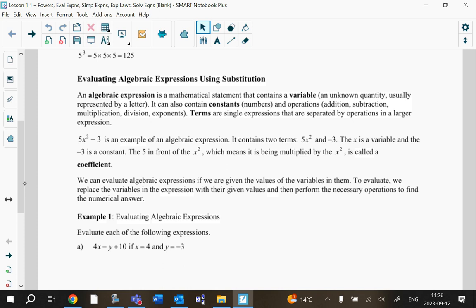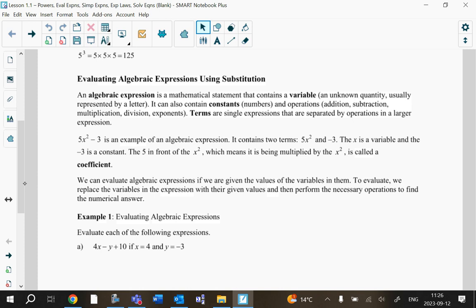It has two terms in it because they're separated by a subtraction sign, and the terms are 5x squared and negative 3. The x is a variable, and negative 3 is a constant because it doesn't have a variable with it. The 5 in front of the x squared, which means it's being multiplied by x squared, is what we call a coefficient. So a coefficient of a variable is some number in front of a variable getting multiplied by it.